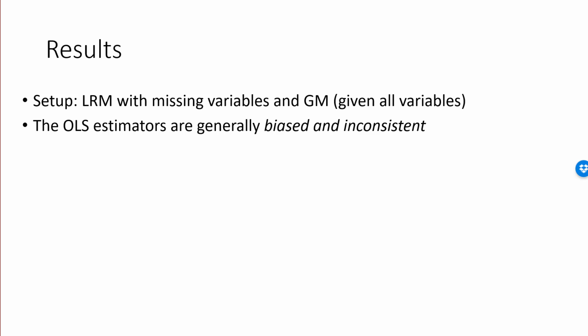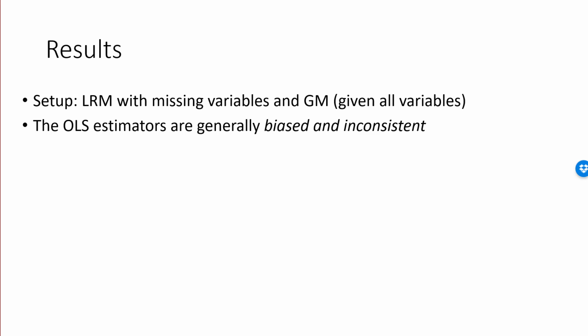It may give you an estimate which on average is smaller than the true value, or it's larger than the true value. Even further, even if you had an infinite number of observations, you would still not be able to get the correct beta parameter. So that's the inconsistency.